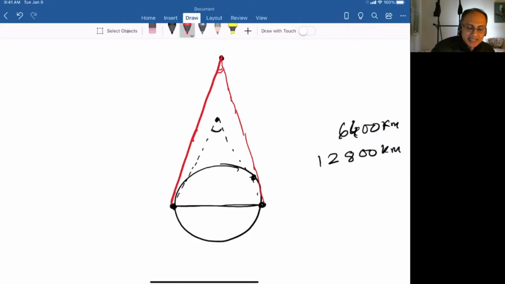And how does the baseline determine the parallax? So what happens to the parallax angle if the baseline is smaller? The object is over here, the two observers are over here, they're making a smaller baseline. If the baseline is increased, will the parallax angle increase or decrease?